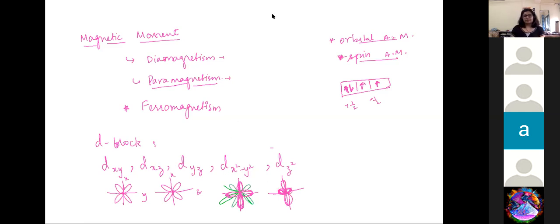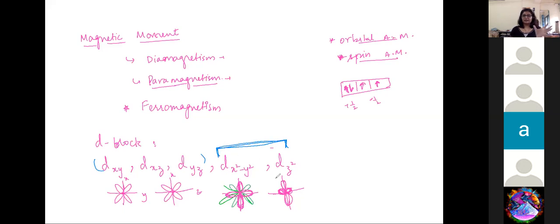Now, these two orbitals are special as compared to these three because, by rotating 90 degrees, these three are basically interchangeable. You only have the difference based on which axis you take as x, which one you take as y, and which one you take as z. But that is not the case in the case of these two orbitals.